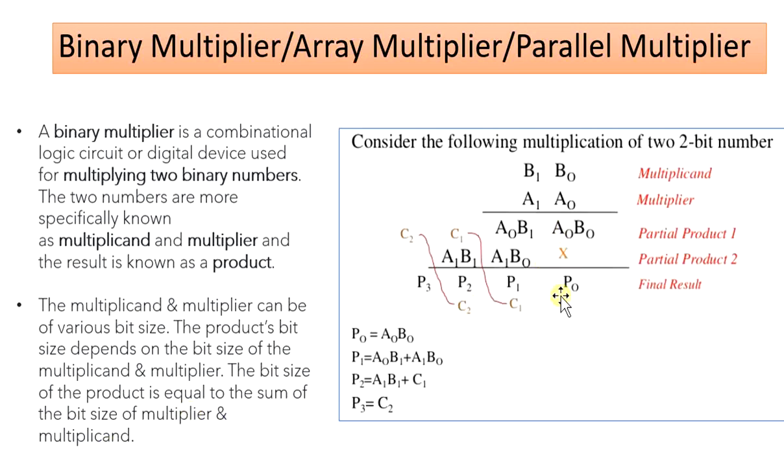So if you see here, you have the result, that is the product P0, P1, P2 and P3, which is of 4 bits. So this is equal to the sum of the multiplier, which is 2 bits, plus the multiplicand, which is 2 bits. So 2 plus 2 gives you a result of 4 bits. So that is why we have the product P0, P1, P2 up till P3, which is of 4 bits.